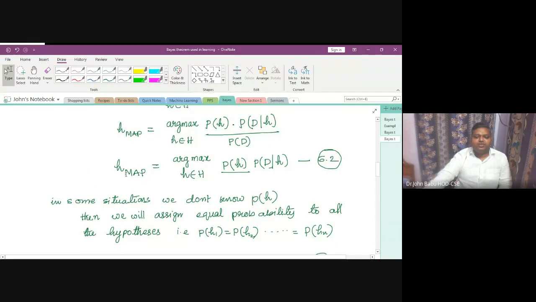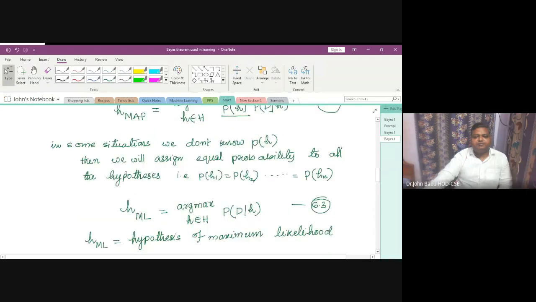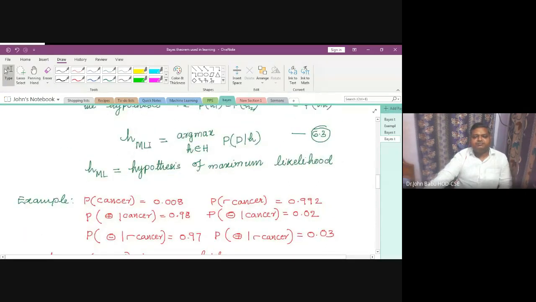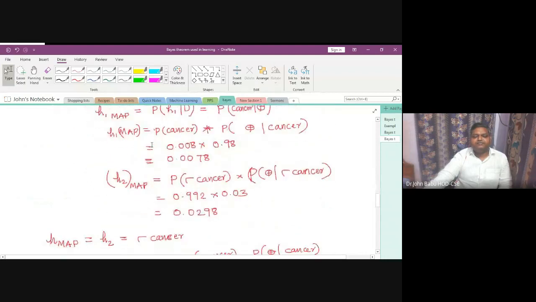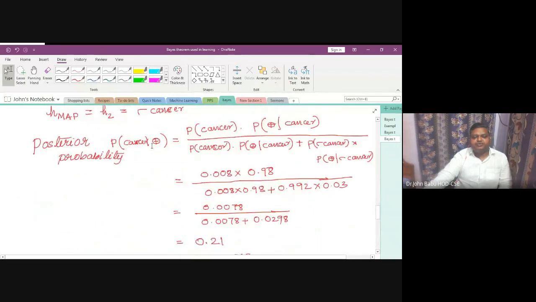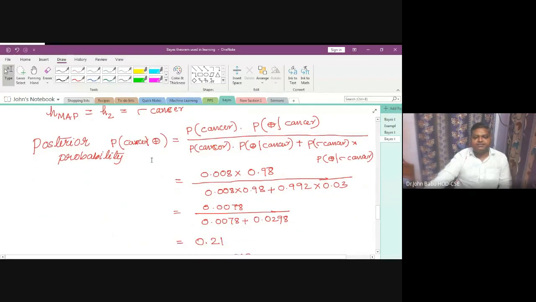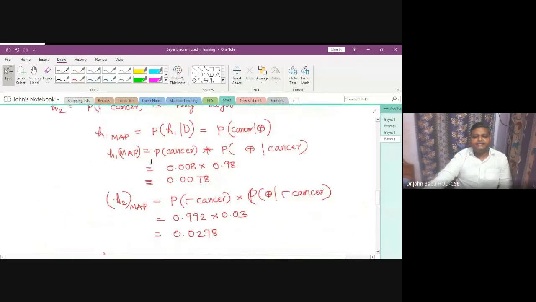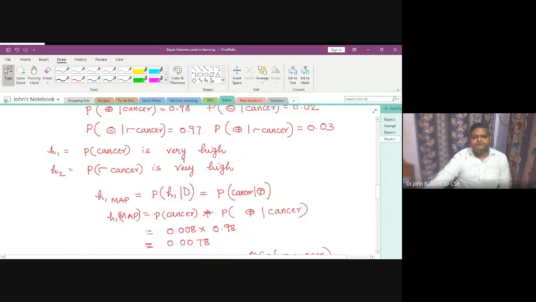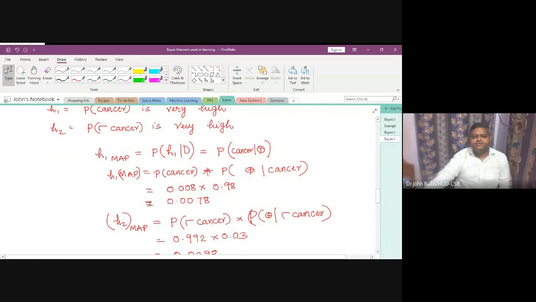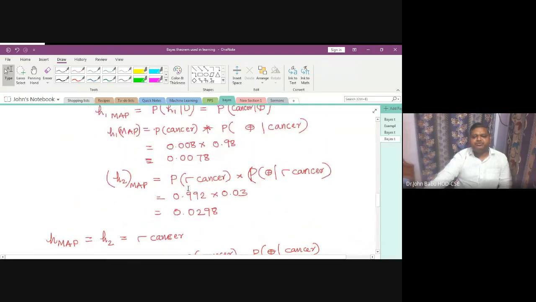So we learned what is MAP hypothesis, that is maximum a posteriori hypothesis. Then what is maximum likelihood hypothesis? From the given example, H1 means people have cancer, H2 people don't have cancer. So when we calculated the maximum a posteriori hypothesis, H1 is 0.0078, the probability, and this is 0.0298.